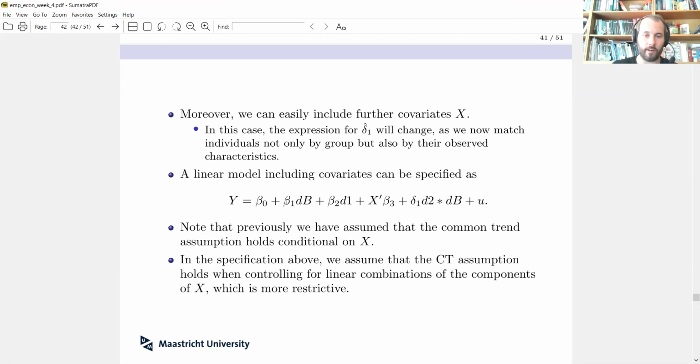When we write a model like this and we only use X prime beta 3 and no X squared, then we assume that the common trends assumption holds conditional on linear functions of X. But that's a subtle point.